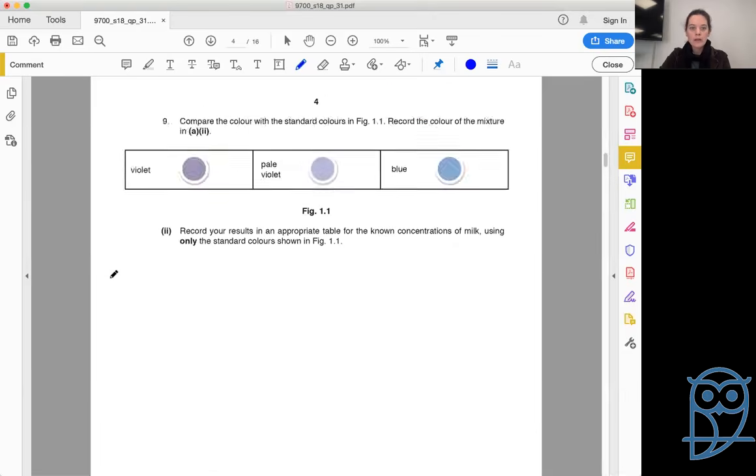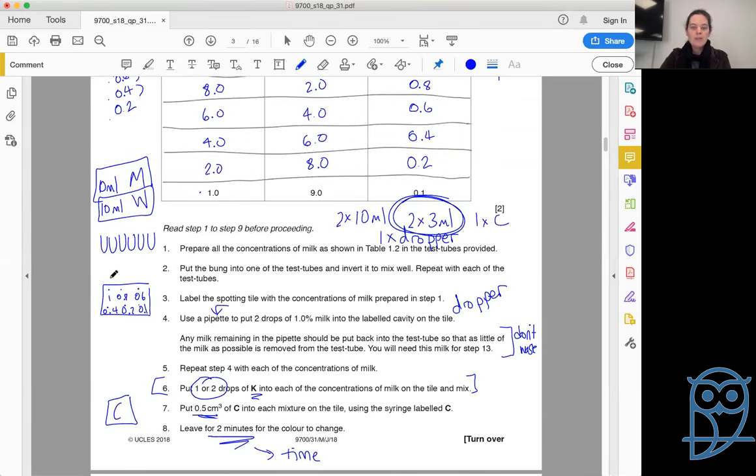So if we go back up here and think about how we want to minimize cross-contamination, for K we can use a 3 ml syringe here. The other one would be for our hydrochloric acid, because we would rather use a milk syringe for our U. Plus we know we're heading to a point where we want to use 10 centimeters cubed of U, so we need quite a lot of it available.